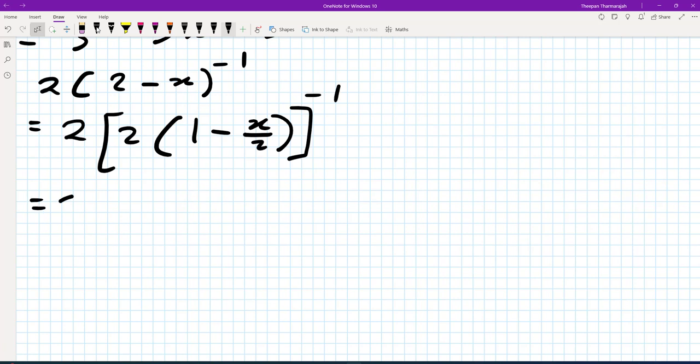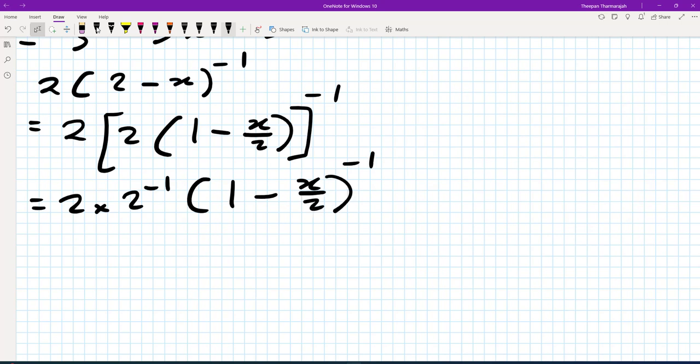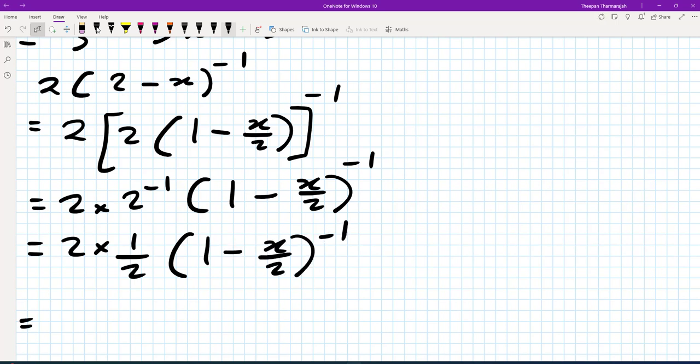In other words, it's 2 times 2 to the power minus 1 times 1 minus x over 2 raised to the power minus 1. Now don't forget 2 to the power minus 1 is a half anyway, so they're going to cancel. So what I'm interested in now is 1 minus x over 2 raised to the power of minus 1.